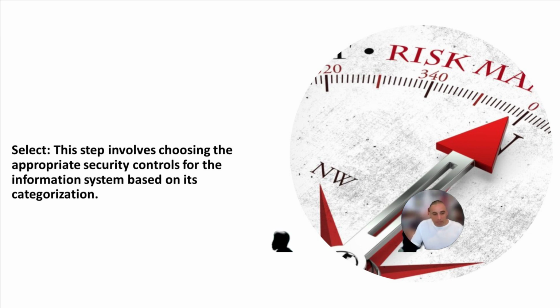This step involves selecting the appropriate security controls for the information system based on its categorization. When selecting security controls for your system, it is crucial to choose a baseline set of security controls from NIST SP 800-53, depending on the system's impact level.